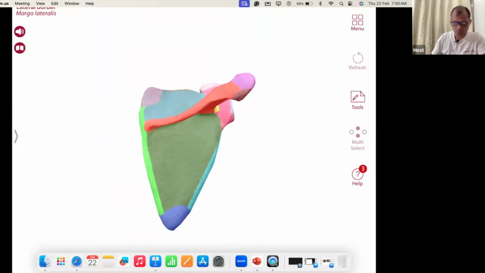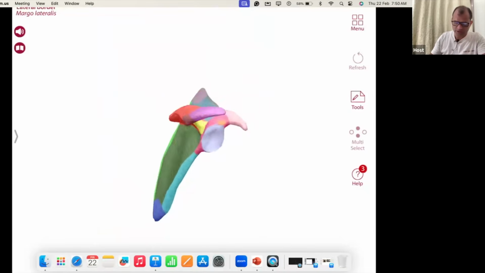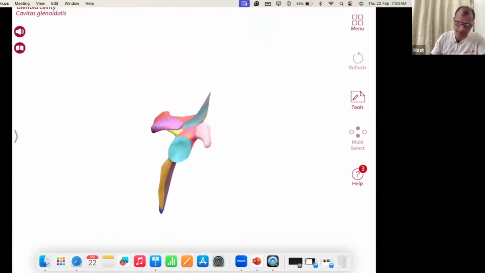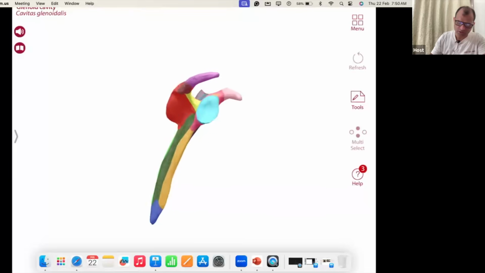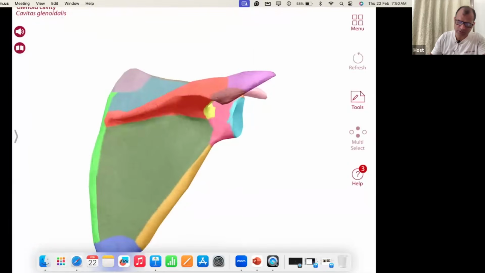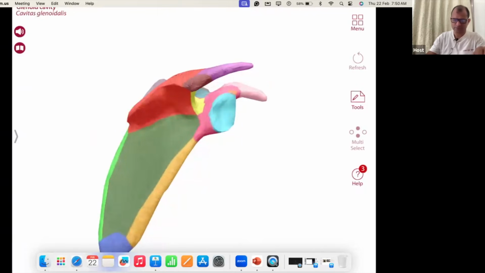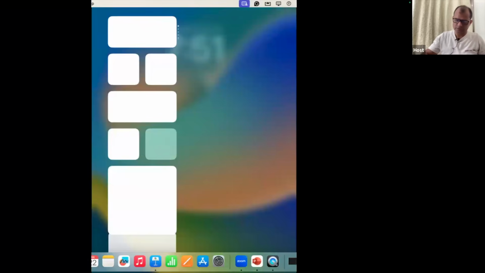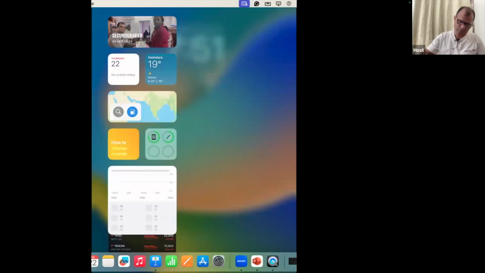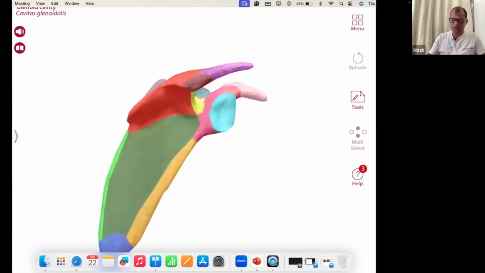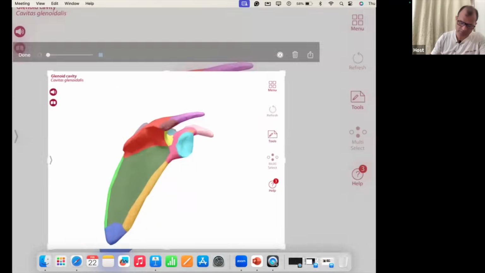Now, if we see here, the most important part, this is the glenoid cavity. The shoulder joint is formed here. This is the glenoid cavity. So we can see here, the shoulder joint attaches here.